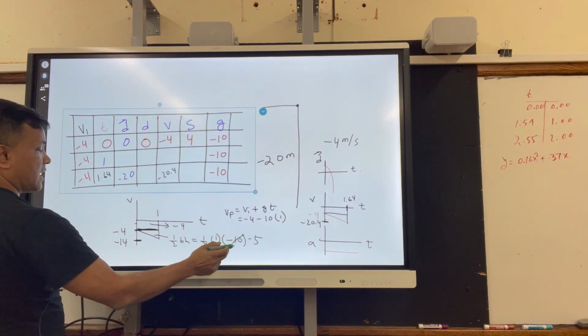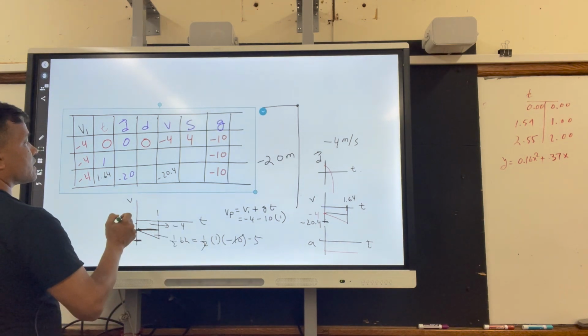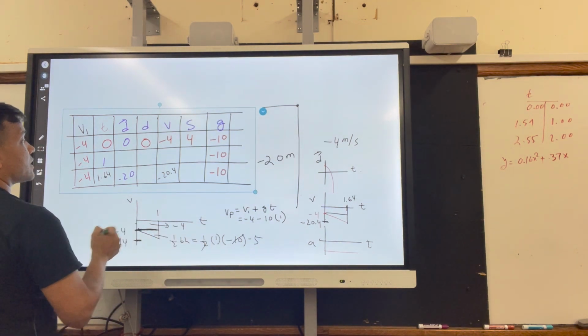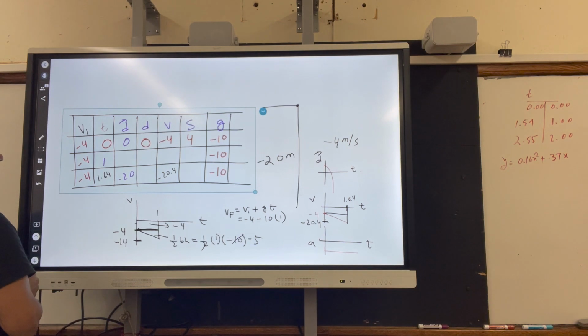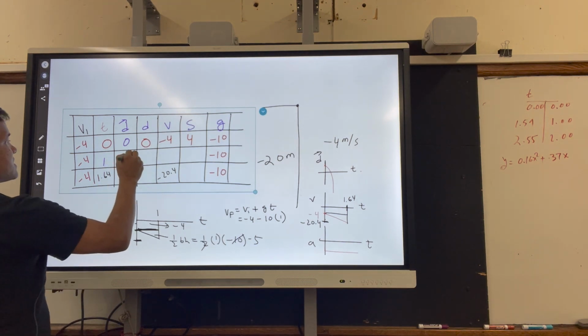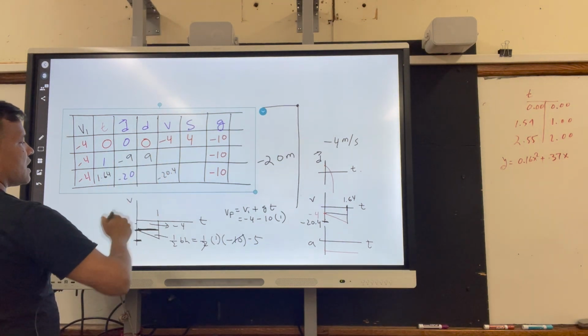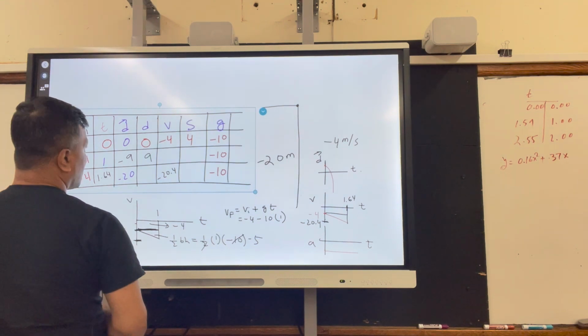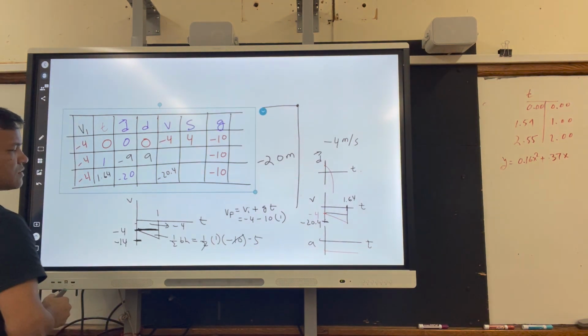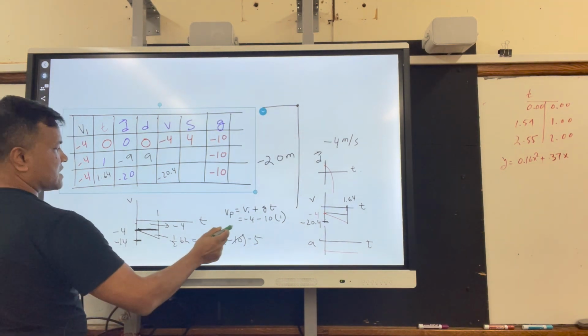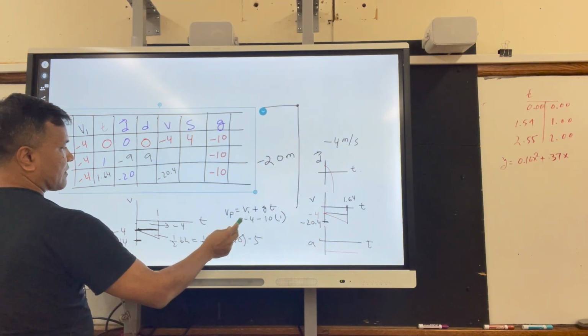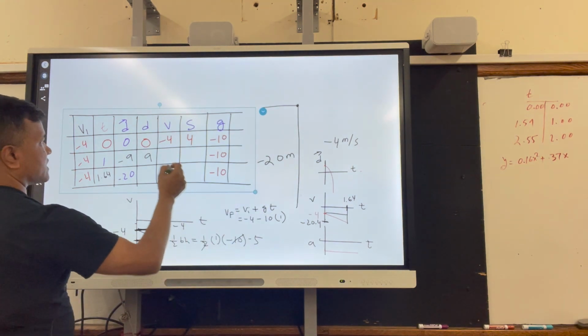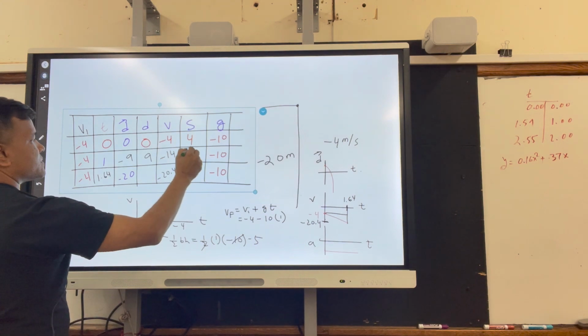So -5 and -4 is -9. So displacement is -9. Distance is 9. Velocity: at the end of 1 second, we saw that velocity is -14. Speed is 14.